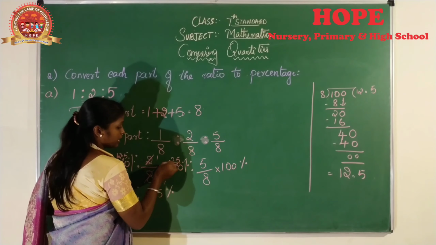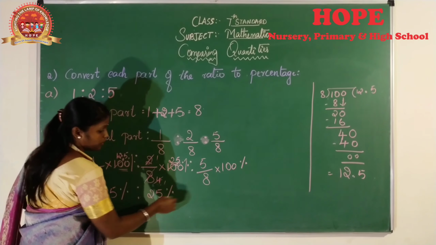So we have the answer here: 1 into 25, that is 25%.